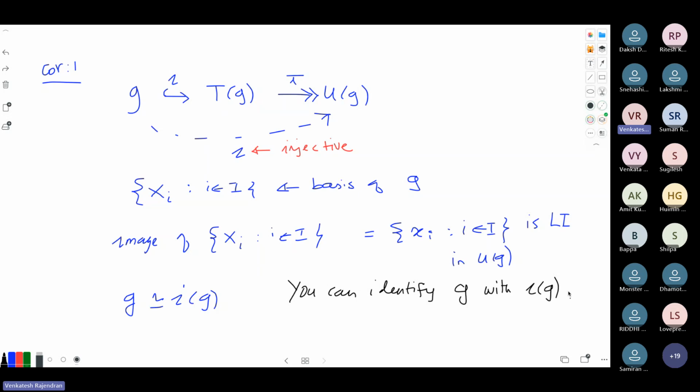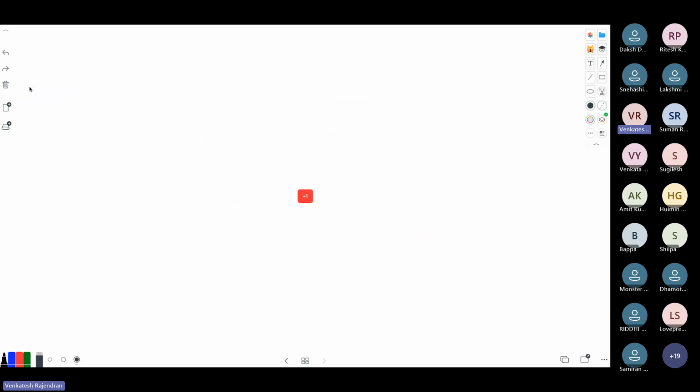Okay, so here is another important corollary, which is used very much in representation theory. So if you can decompose G into a sum of subalgebras, not necessarily as Lie subalgebras, just as a vector space, so you take G equals G1 direct sum G2.